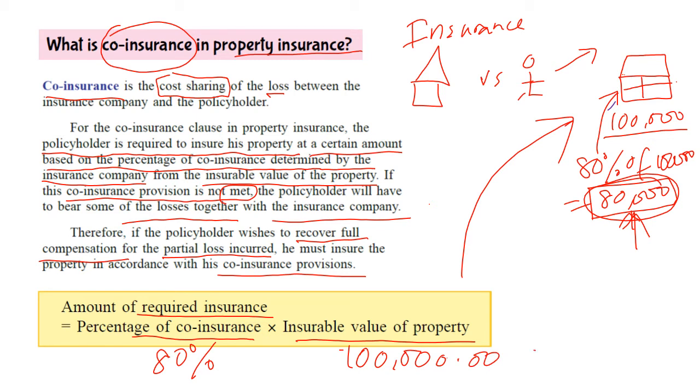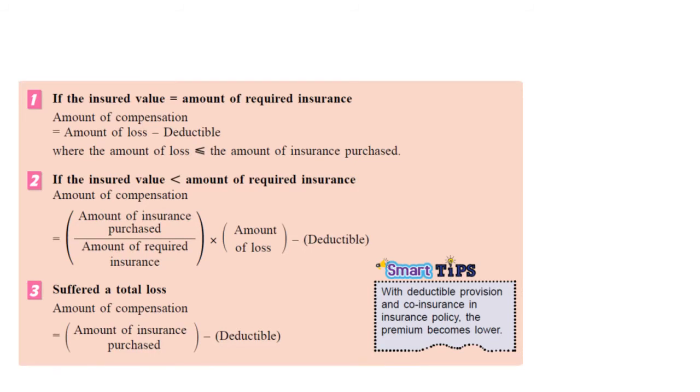Let's see one example. Before that, we have to see first what happens if the insured value is the same as the required insurance. Let's say the insurance company says the required insurance is 80,000.